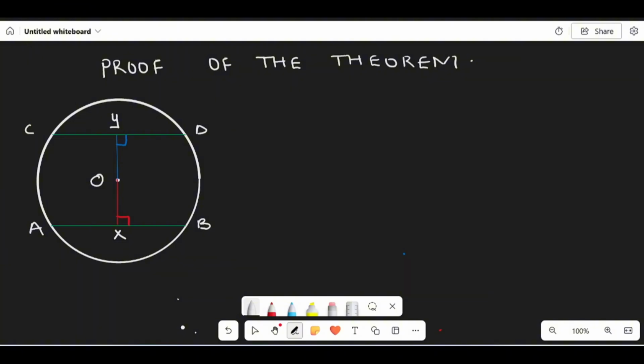Let us prove the theorem and let us consider the diagram. The center of the circle is O, and it is given to us that chord AB is equal to chord CD, and also OX is perpendicular to AB, and also OY is perpendicular to CD.